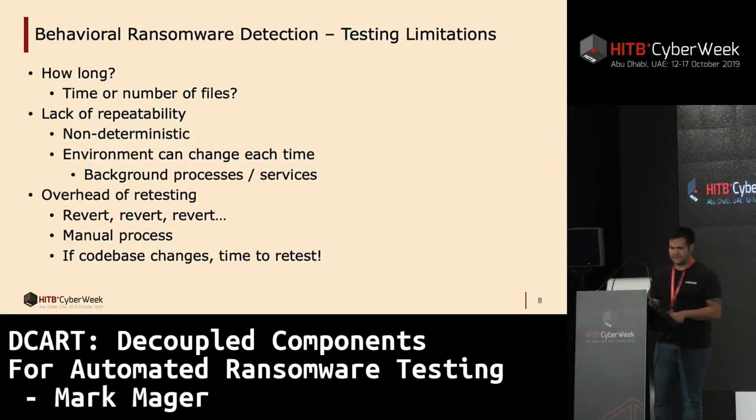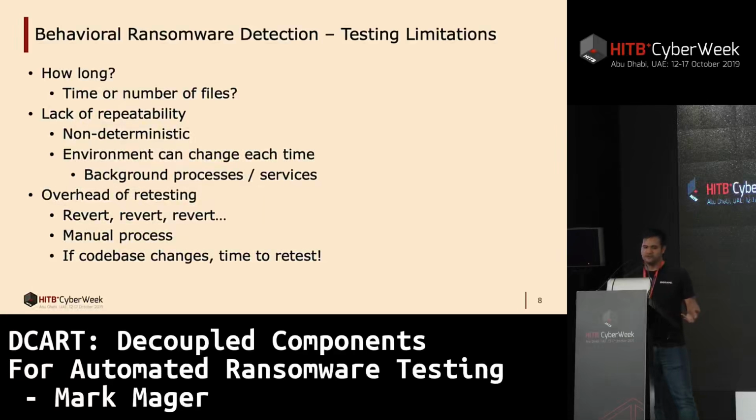And as I've alluded to, there is a distinct amount of overhead that's involved in retesting. There's a lot of reverting of your environment. You're going to revert every single time, because once you detonate, your entire environment's compromised and you can't do any more testing on that specific snapshot. It's a very manual process.